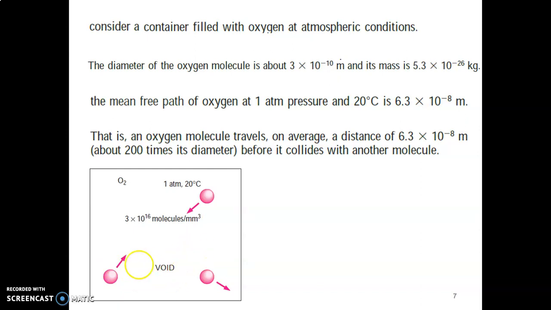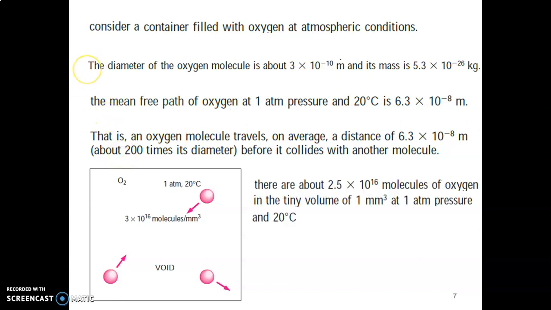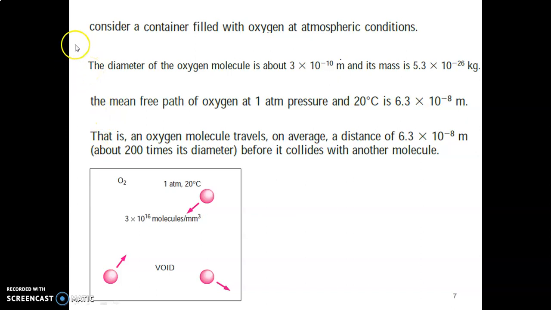And if you are taking all the distances between 2 consecutive collisions in the system, similarly in the case of a molecule, there will be innumerable other molecules in this condition. So if you are taking all the paths or the distances between 2 consecutive collisions, and if you are finding the average value of this distance, that average value is called mean free path.